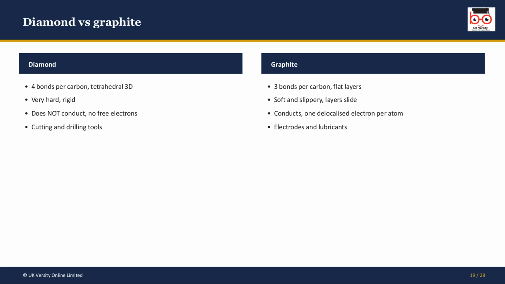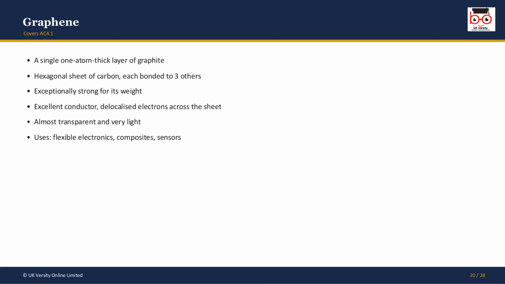It's soft and slippery because the layers slide. It conducts thanks to 1 delocalized electron per atom, and it's used in electrodes and lubricants. Identical atoms, opposite characters.